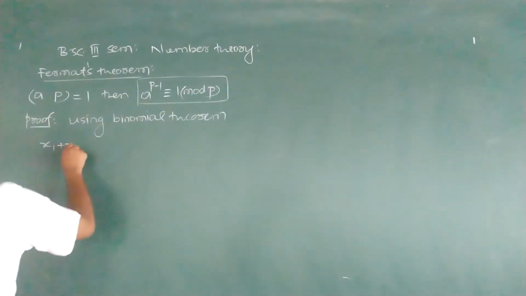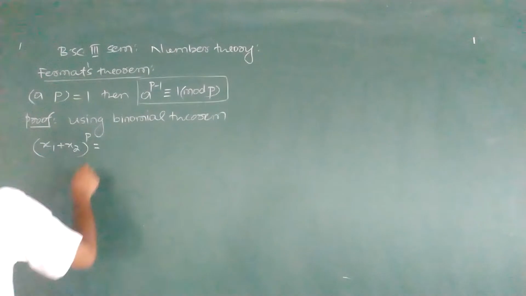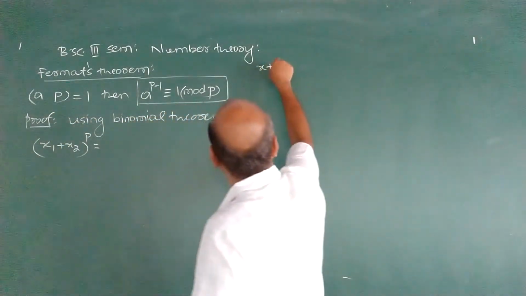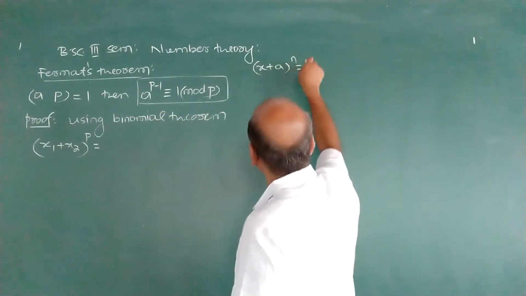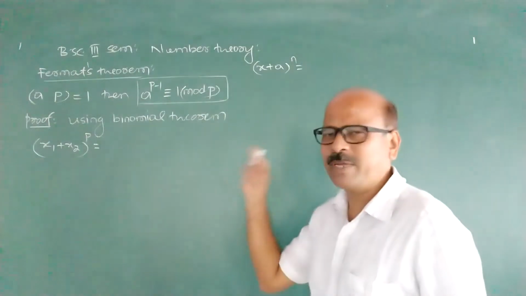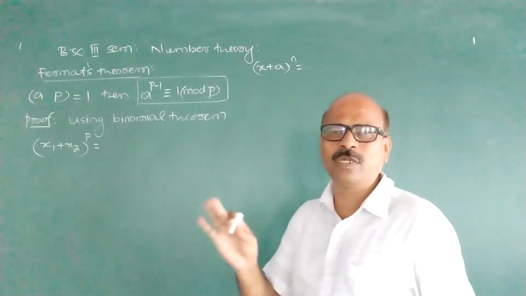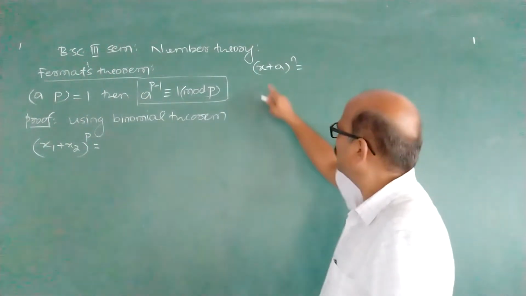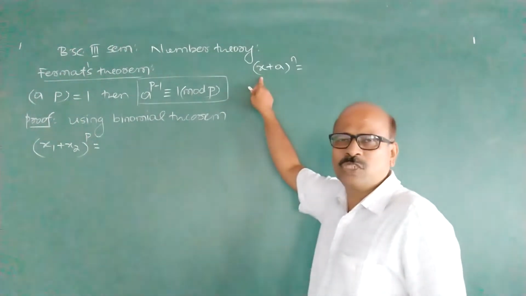(x1 plus x2) raised to P. You know what the binomial theorem is? You have studied the binomial theorem in this form. Binomial theorem can be extended to negative integers or even fractions also, but you have studied it for positive integers.